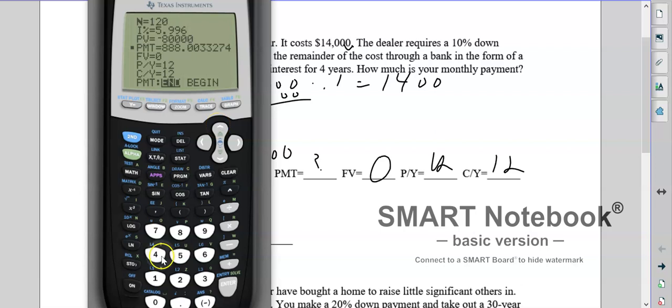So I put 48, and my interest is 8.2. And my present value is the negative, or if you put it in positive, doesn't really matter, 12,600. Payment, we don't know. Future value, P/Y and C/Y is staying the same because, again, these are monthly payments, and we're trying to get down to 0. So alpha, solve. 308.79. The 8 rounds up because of the 7 after it.